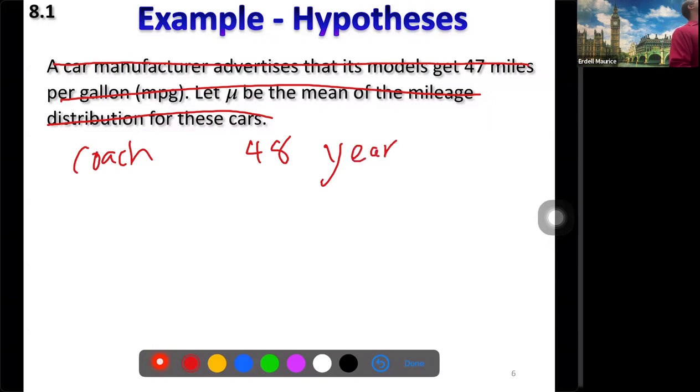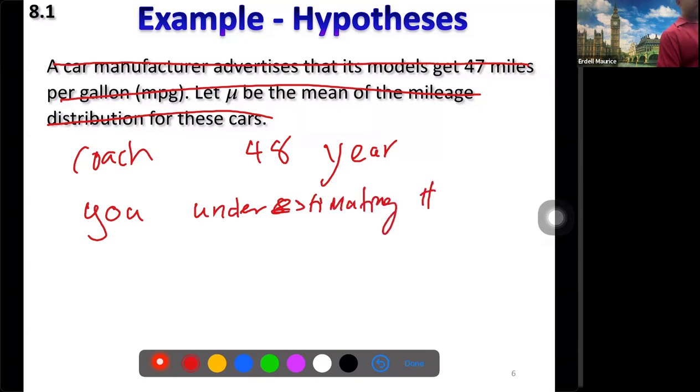Right? But you've researched the team, you've done all this hard work, and you believe that the coach is underestimating the number of games that the team will win. You believe that the coach is underestimating the number of wins.